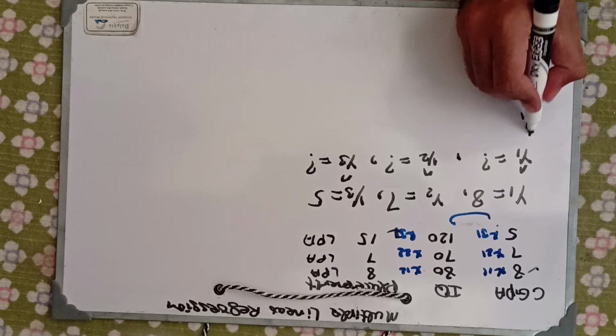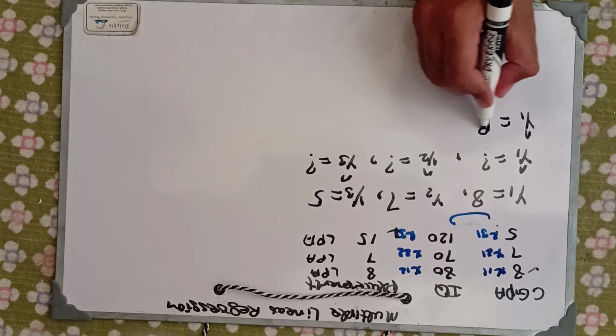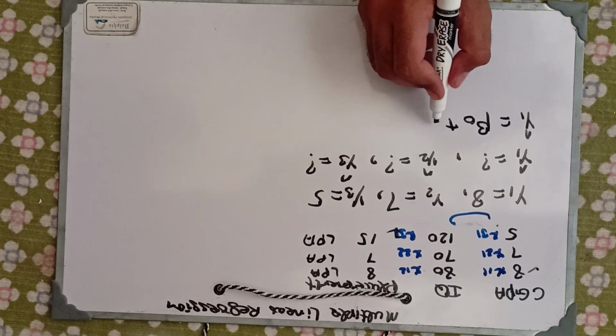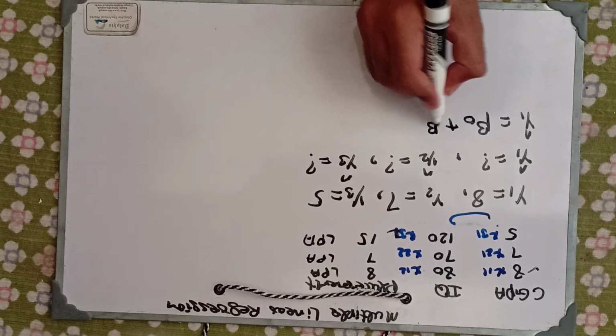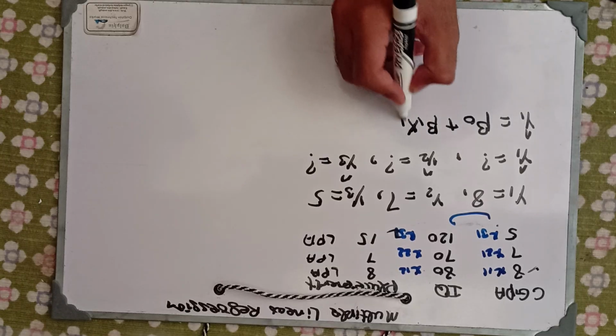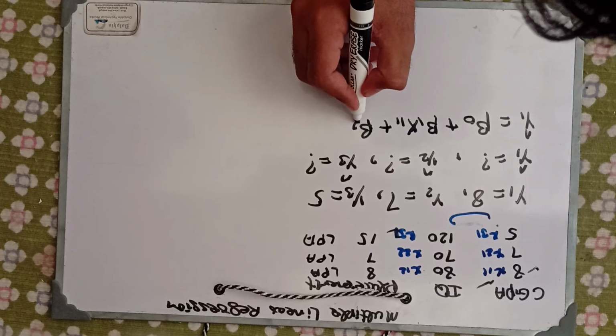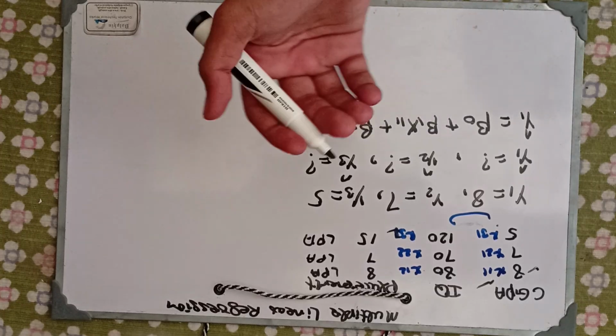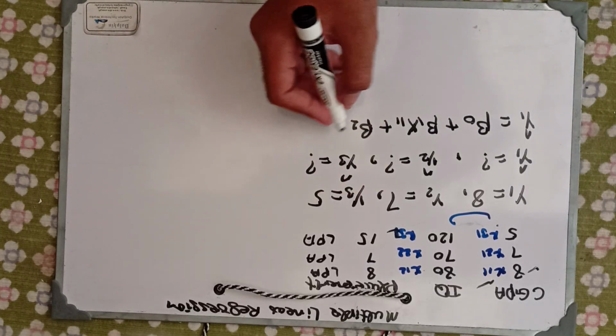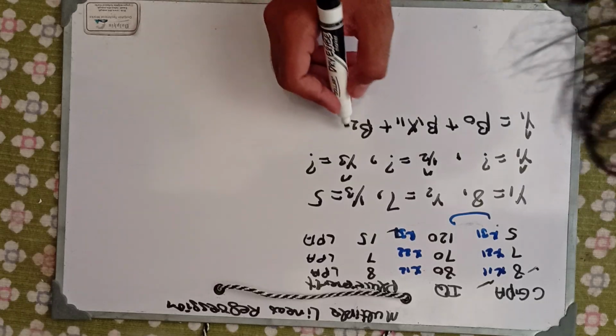So y1 hat will be, we will call it beta of 0, then beta of 1 x 1 1, which is this value, right? And then we will call it beta of 2 x 1 2, since this is multiple linear regression, which depends upon more than one column, in simple words.